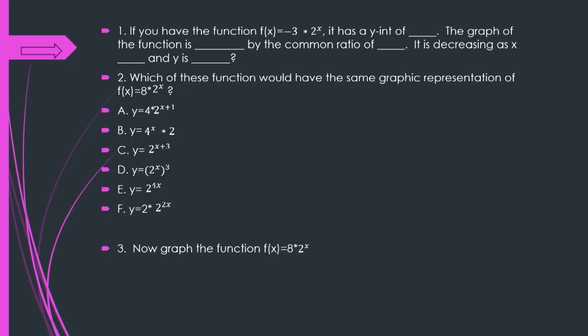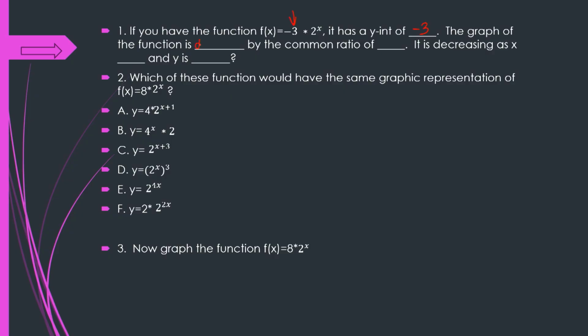All right, so if I am going to look at number 1 and fill this out, I would say that if you have the function f of x equals negative 3 times 2 to the x, it has the y-intercept of what? You're right, negative 3. So then it says the graph of the function is what? Is it increasing or is it decreasing?